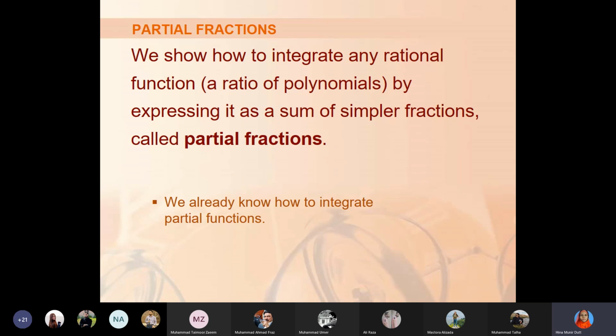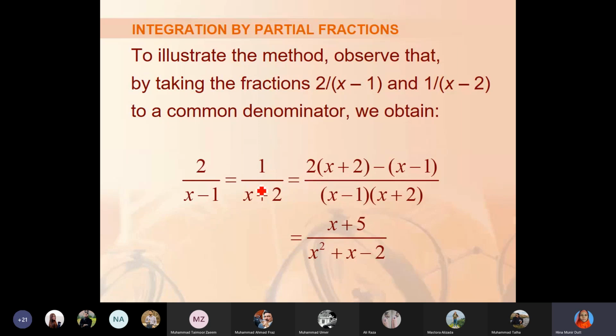So far we have been doing this: we know how to add two fractions by taking the LCM, and then we get this answer. But now we have to do the reverse process. We are given this rational function, in which both the numerator and denominator are polynomials, and we have to integrate it.